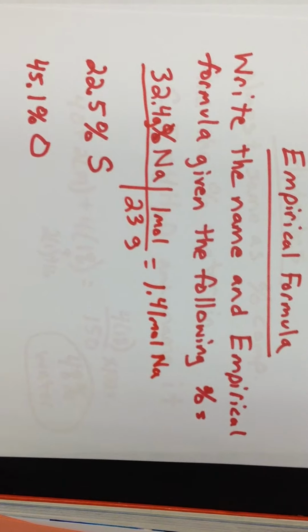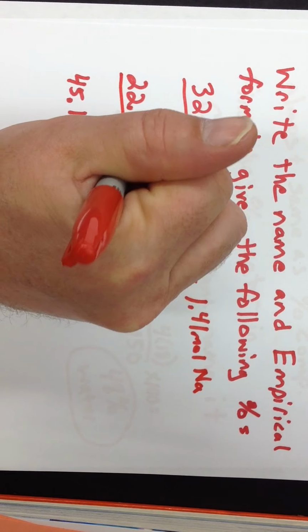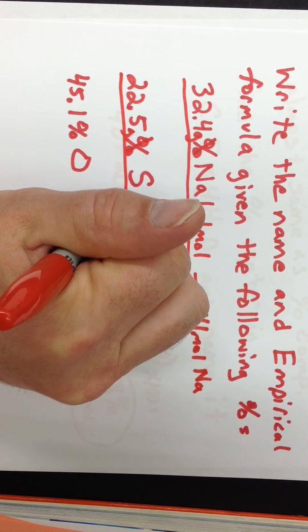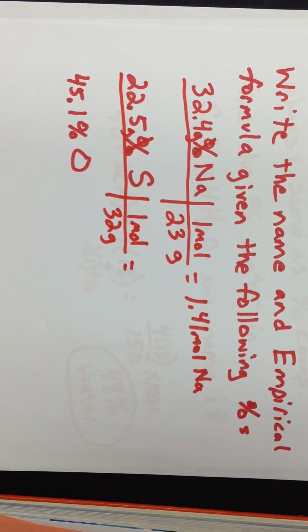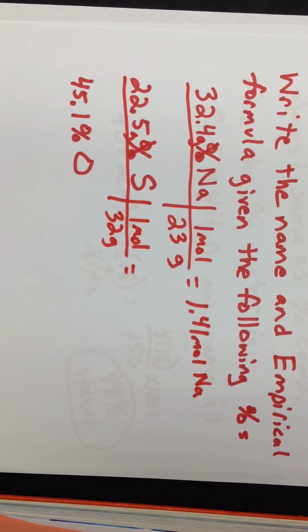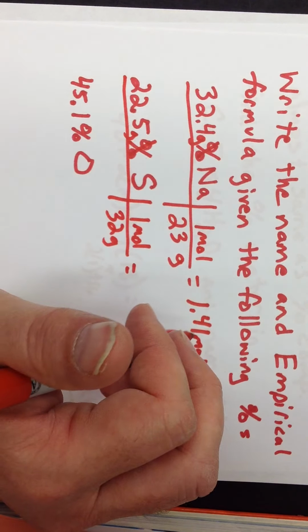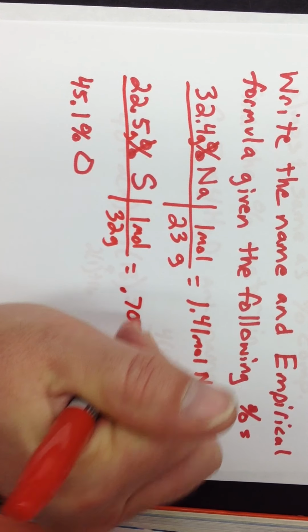We're going to do that exact same thing for sulfur. Change the percent sign to grams. We're going to say 32 grams is 1 mole. And again, with all the rounding here, 32 is good enough. So we're going to make this number 0.703.